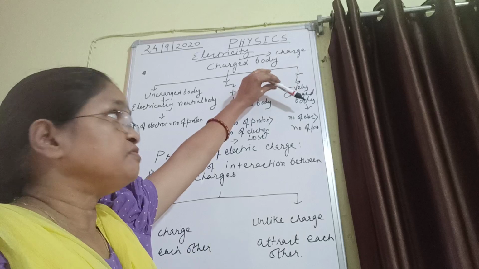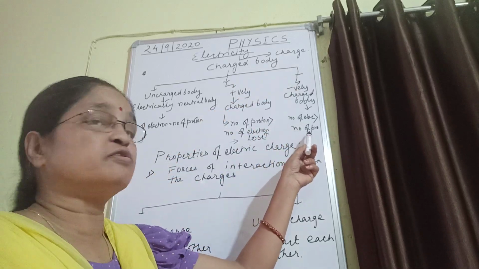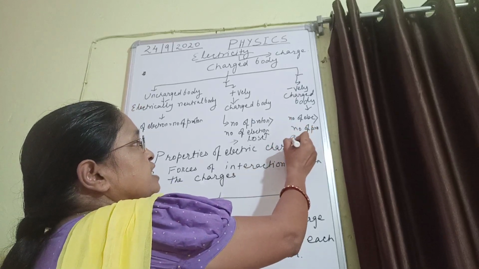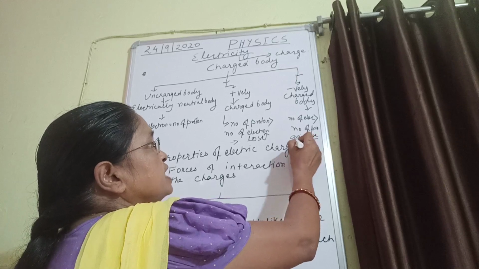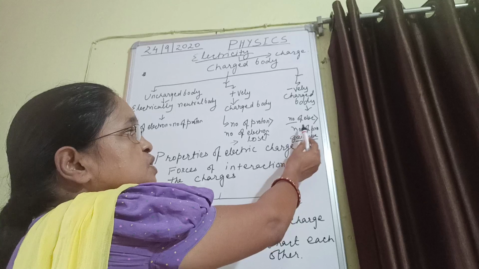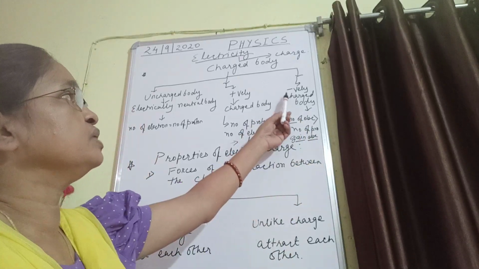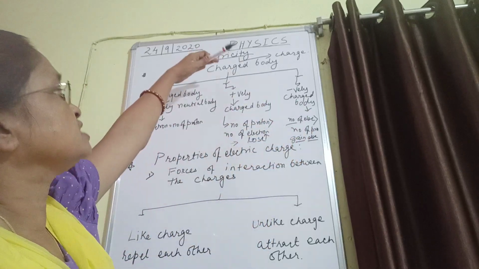Another case: when the number of electrons is greater than the number of protons, that means when any body gains electrons, then what happens? The number of electrons increases in comparison to the number of protons, and that type of charged body is known as a negatively charged body.